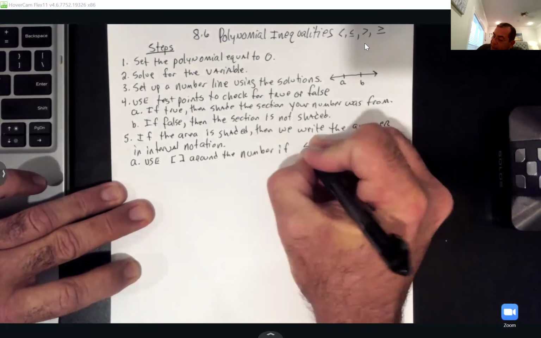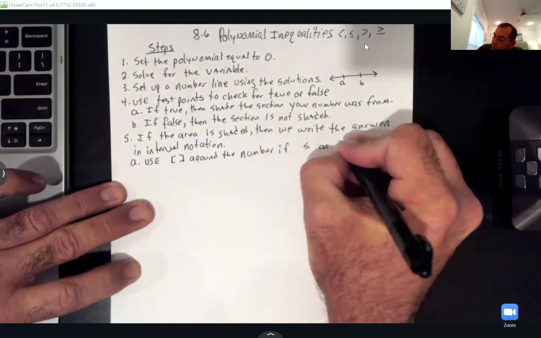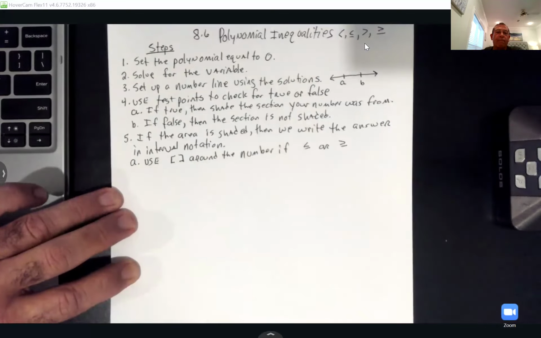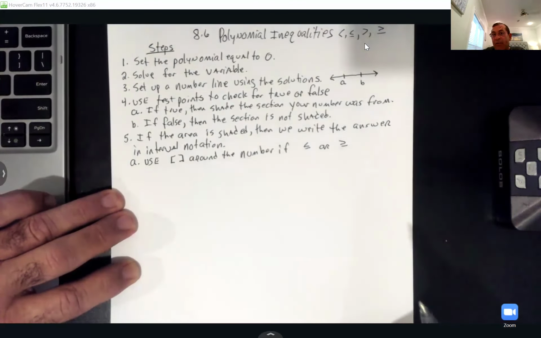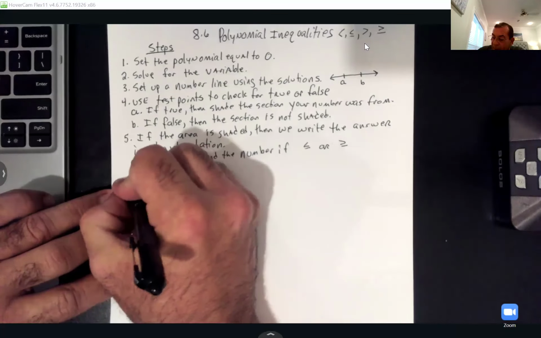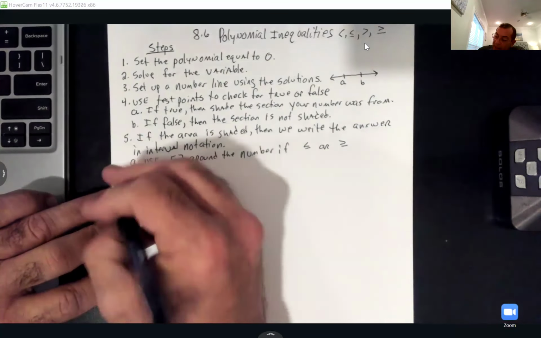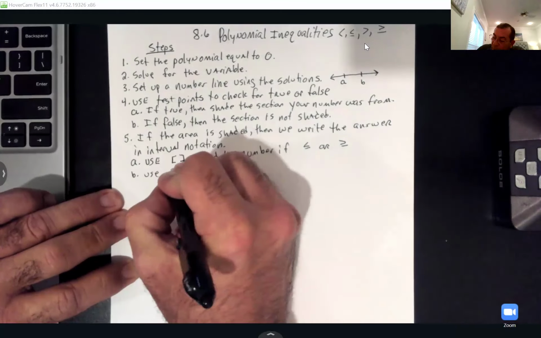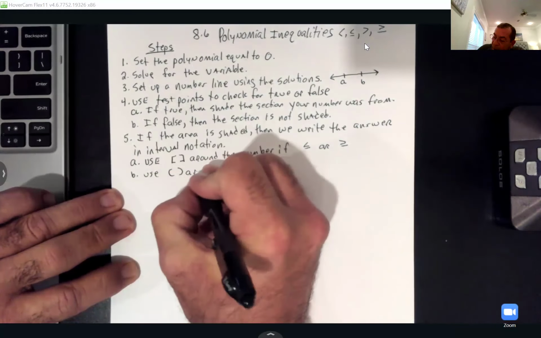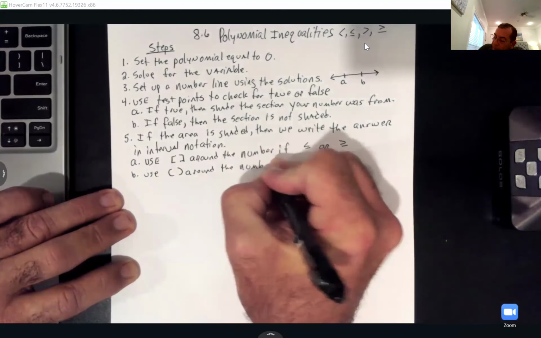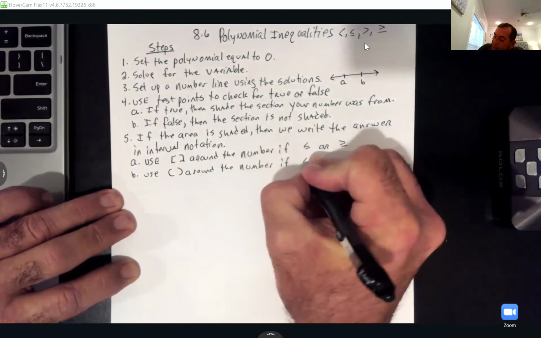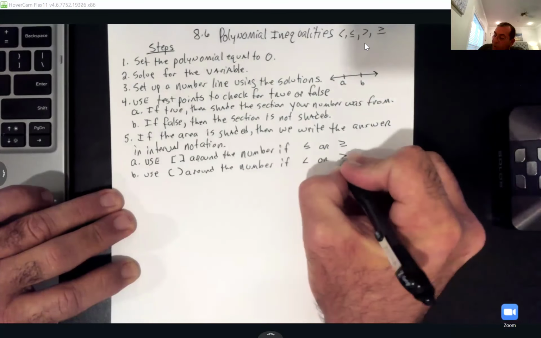Almost like doing the solid line, dotted line stuff when y'all were graphing, okay? And then I would use parentheses around the number if it's less than or greater than.